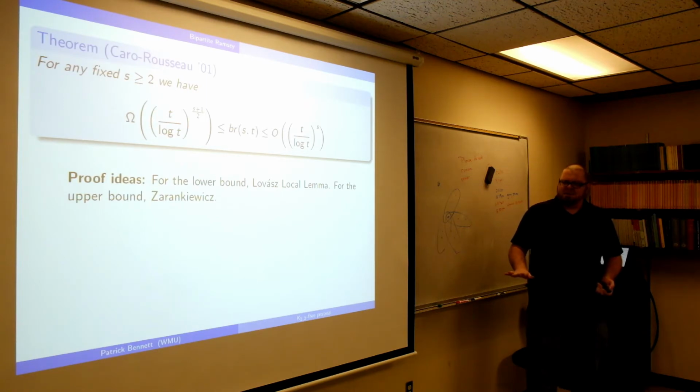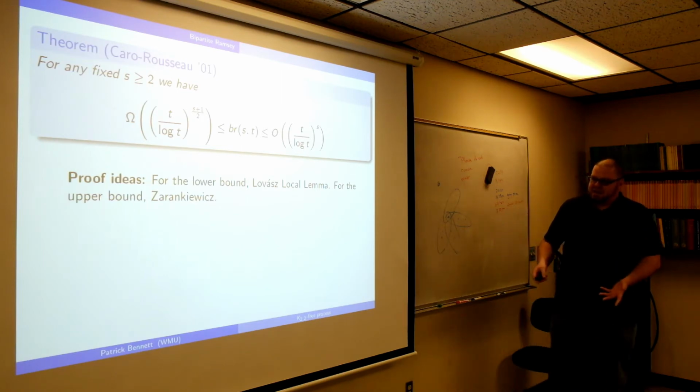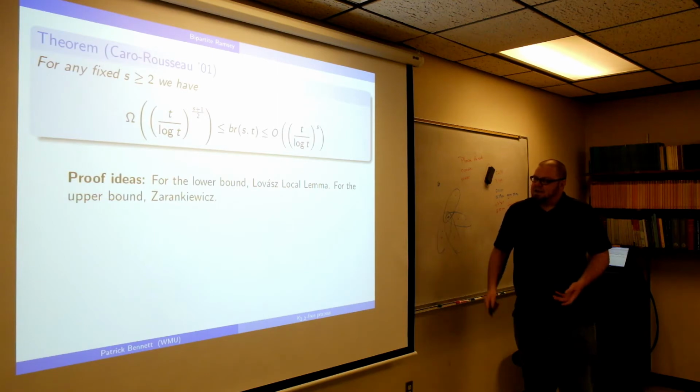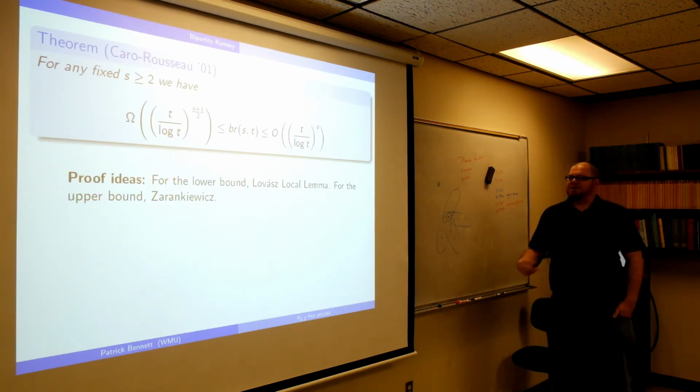This is kind of a departure from Turán numbers. Turán numbers for cliques are sort of big. You can actually have a lot of edges in a graph and avoid a clique. You can have a dense graph that avoids a clique, but it can't be that dense for the Zarankiewicz problem. And so there is a density version.